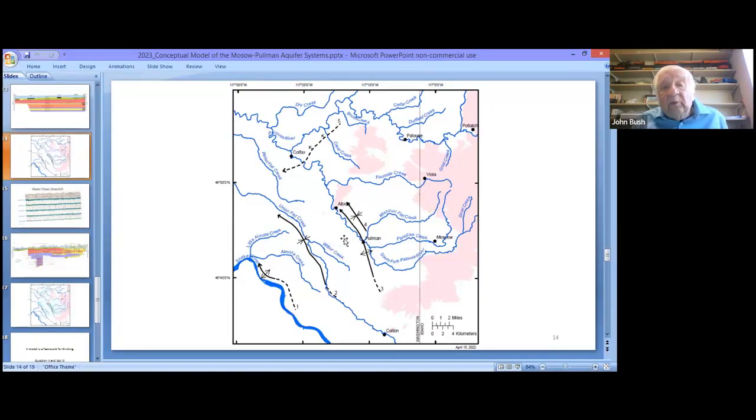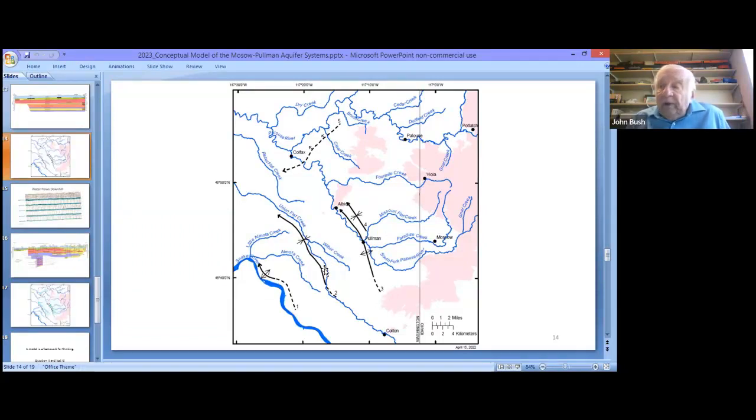And how are these wells that show similar water levels connected to the Moscow-Pullman Basin? Some people would say, well, the water levels are similar, so therefore the water is just flowing out through Pullman out into the Flat Creek area. I don't think it quite works that way.